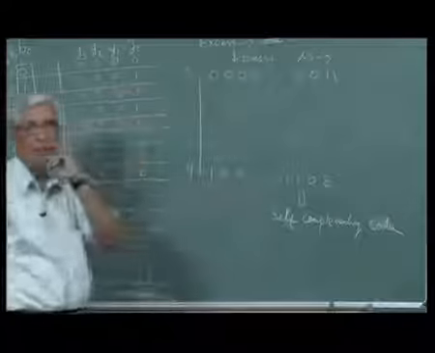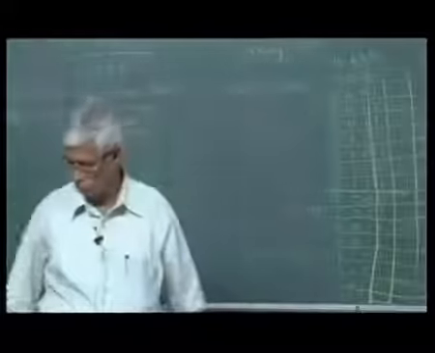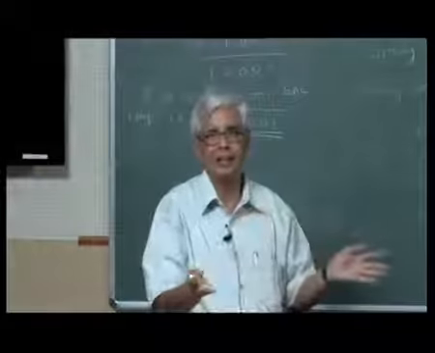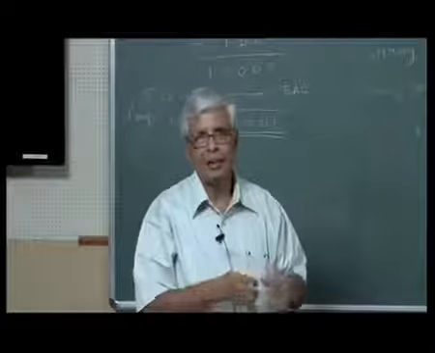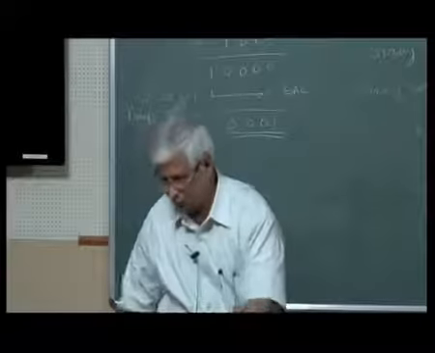What does it mean? If you take the 9's complement of a number and express it in XS3 code, a number in its 9's complement is the same as its 1's complement. For example, I will tell you.